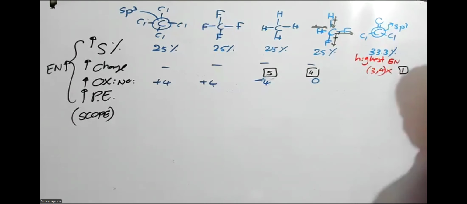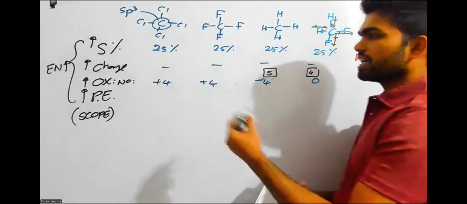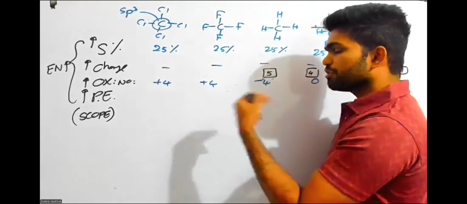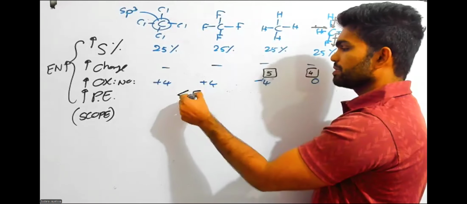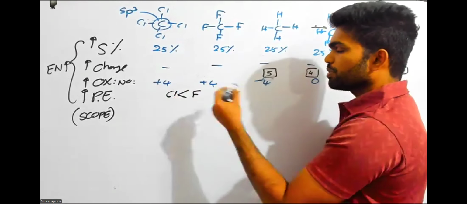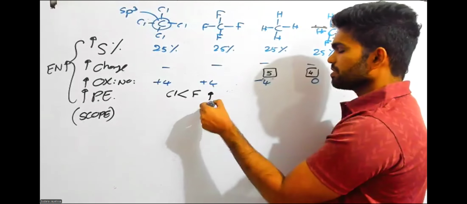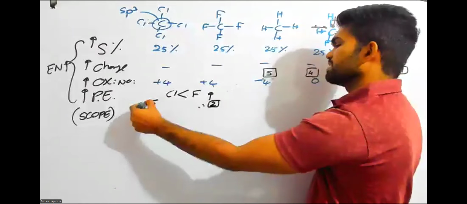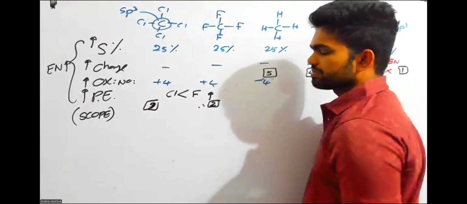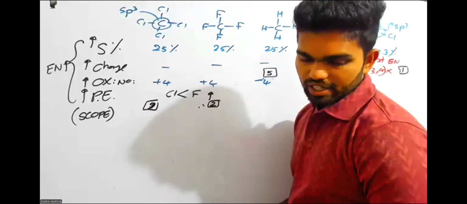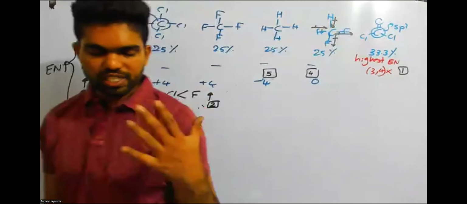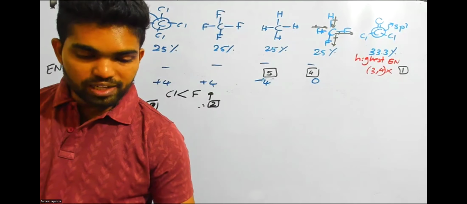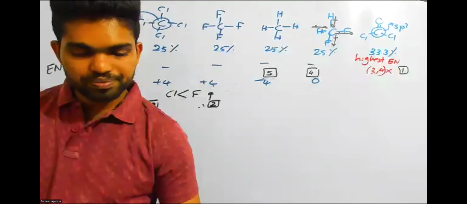Highest value. Then we have a doubt between this chlorine and fluorine. Then you need to go to the last point, peripheral atom electronegativity. If the peripheral atom is more electronegative, then it will have more electronegativity. Therefore this will be in the second place and this will be in the third place. Understood? That's how you find the answer. I said it quickly because we have done it many times in this same paper class.